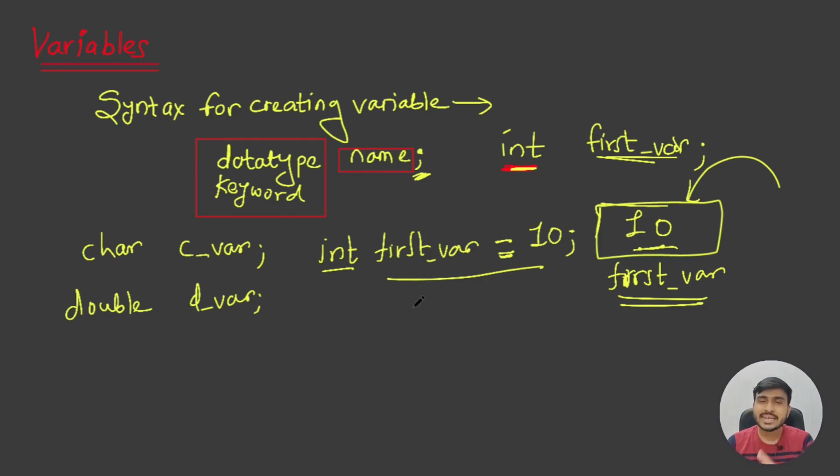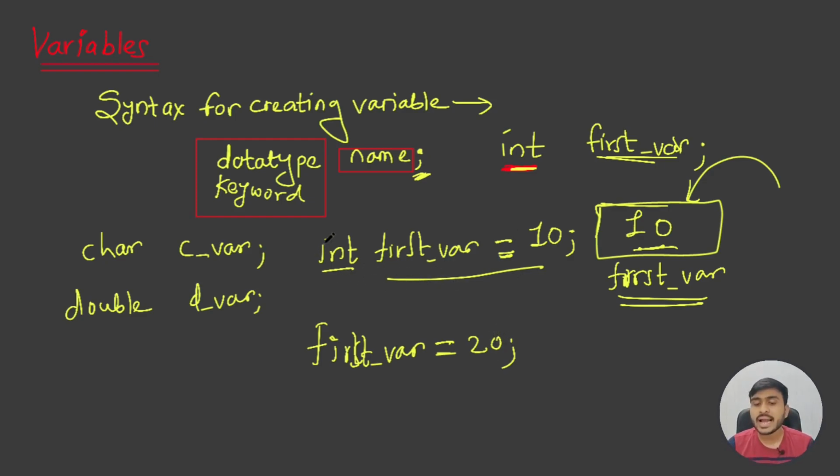So the syntax for changing the value after initializing the variable is very simple. What you have to do is you just have to write the name of the variable. So in this case, the name of the variable is first_var. So I'll write first underscore var, and then whatever new value you want to give, you have to write equal to, and then you have to write the new value in front of it followed by semicolon.